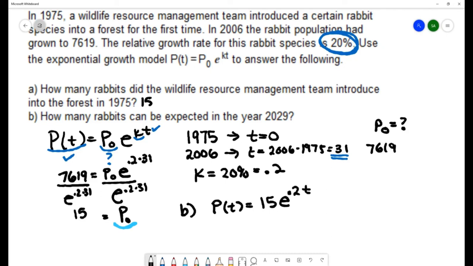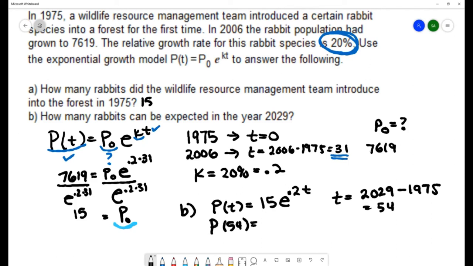And I only need to know the value of t to be able to use this model. So it's going to be 2029 minus 1975. So how many years since 1975? It's 54 years later.